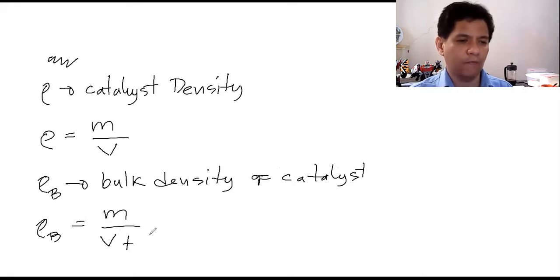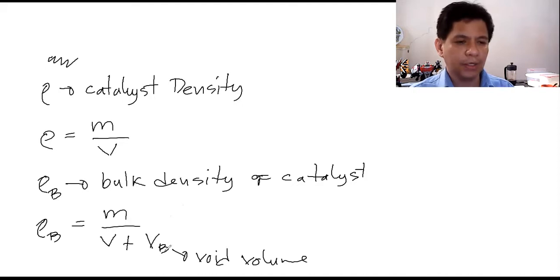Let's call the void volume VB. The void volume refers to that particular volume or space wherein the reactant can occupy. So as you can see, this void volume is not considered in the original catalyst density.